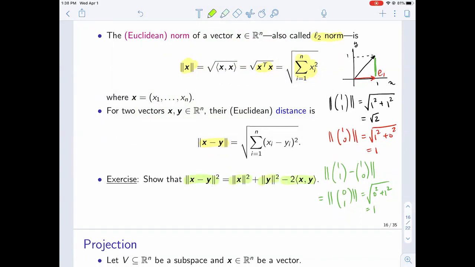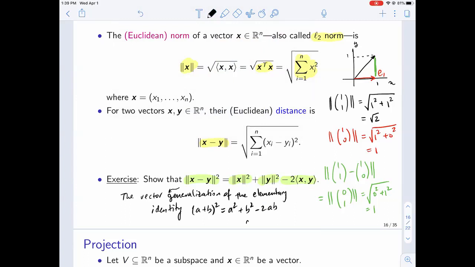So this is the vector generalization of the elementary identity (a minus b) squared is equal to a squared plus b squared minus 2ab, where a and b are in R. So we've generalized this to vectors.